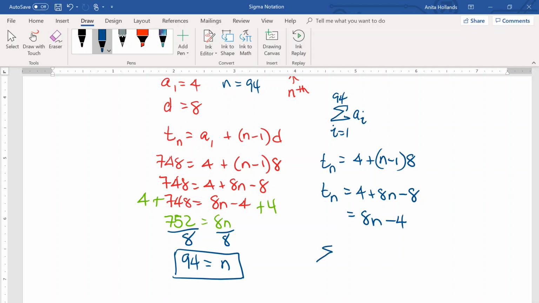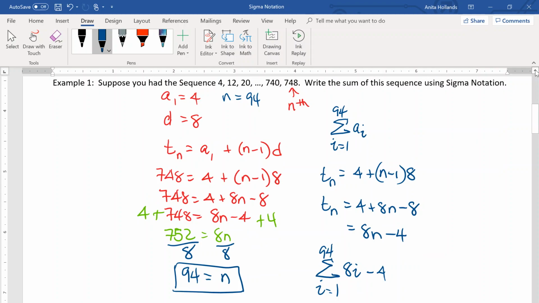So here we would have our sigma notation. Now I'm going to use i here, 8i minus 4, where i goes from 1 to 94. Now you notice when i is 1, that gives us 8 times 1 minus 4, which is 4, and that is the first term in our sequence.